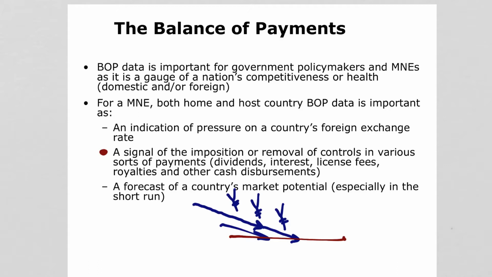And therefore, the balance of payments can be useful because if you see this situation in a particular country, declining exports, and that country has a history of imposing capital controls, this may be an indication that you should delay investing in this country, or if you're already invested, pull your money out before capital controls become present.